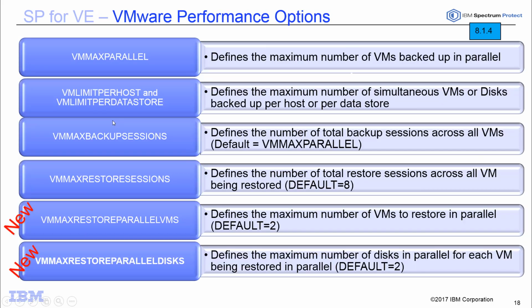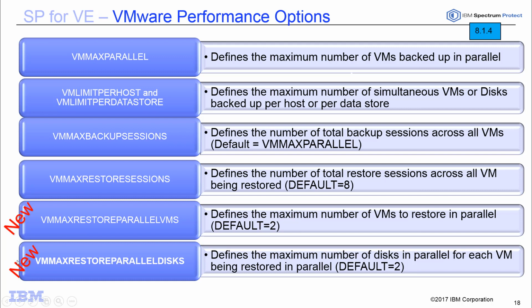Now, the performance options and parameters for controlling this have to some extent stayed the same over these versions, but there are a couple of new parameters that I want to describe to you. First, there's VMMAXPARALLEL, VMLIMITPERHOST, VMLIMITPERDATASTORE, and VMMAXBACKUPSESSIONS that have been there for quite some time now.